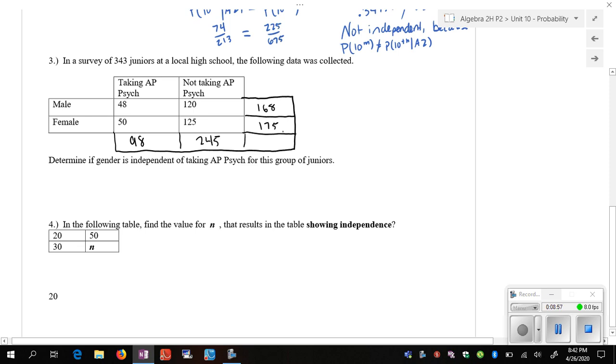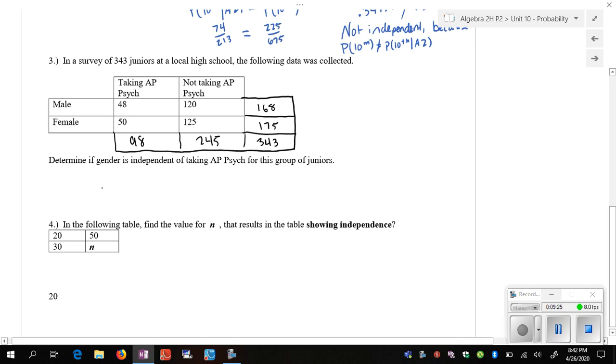The interesting thing about filling this in, if you did it right, is that adding the two rows together or adding the two columns together should give me the same total. So in this case, I get 343, whether I added the 168 and the 175 or the 98 and the 245. Those combinations still add up to 343. So, determine if gender is independent of taking AP Psych.